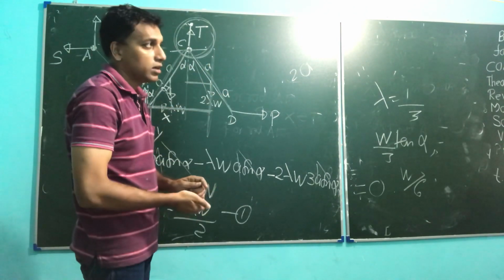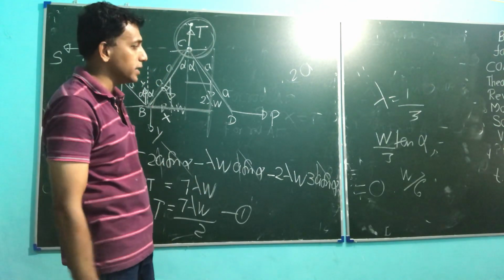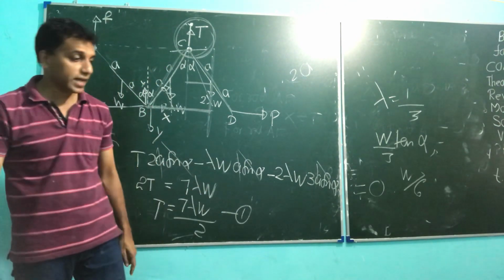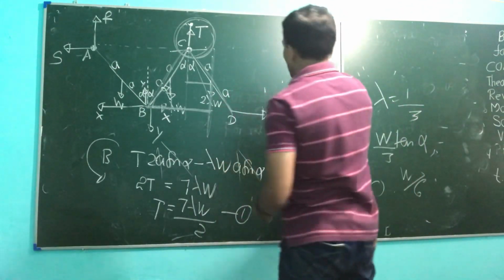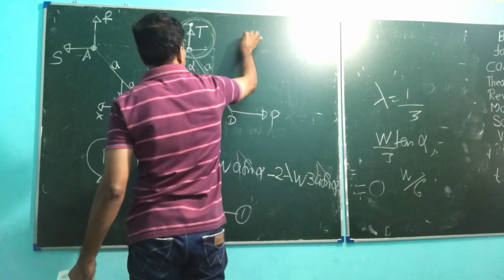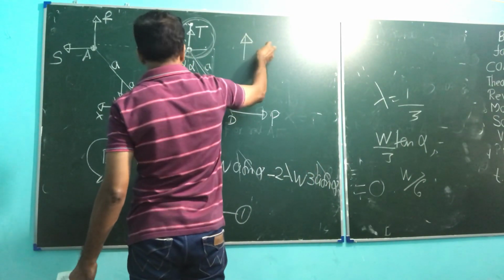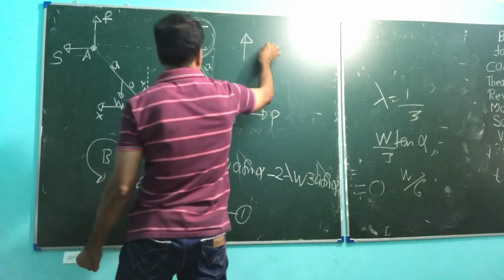Right, next. For the system B, for the rods BC and CD, resolve up, resolve current. According to my diagram, I put Y down.